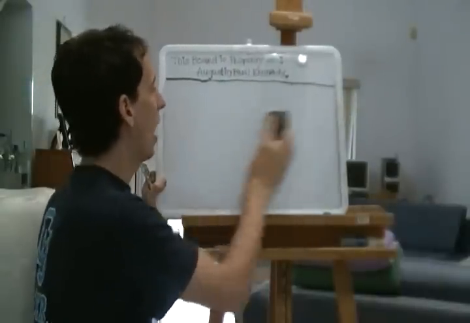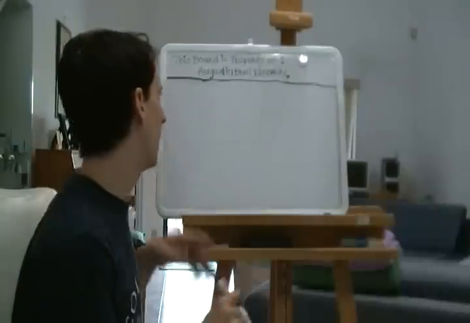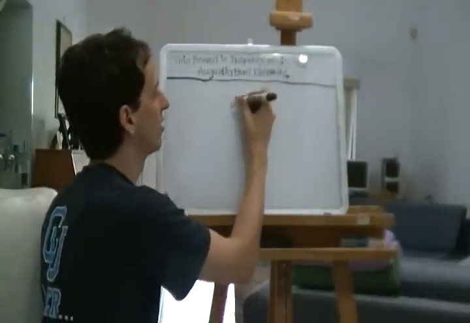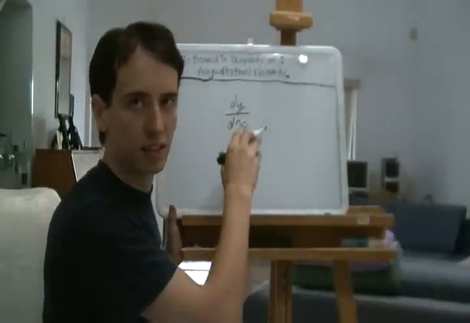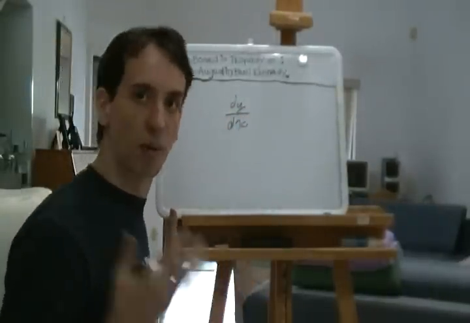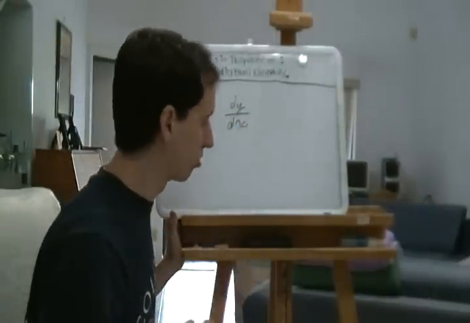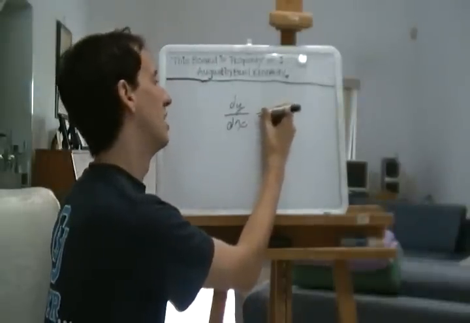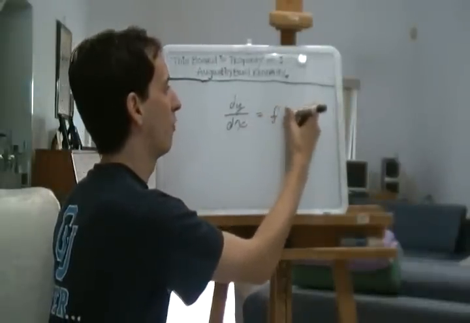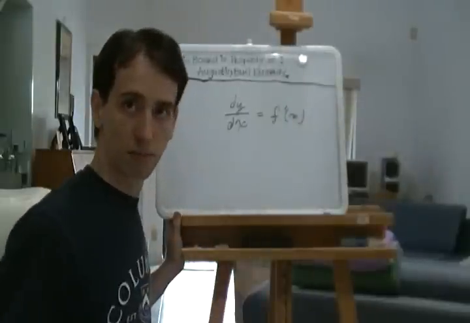Now, the idea behind a differential is fairly simple. A while back, I brought up the idea of a differential by saying that you couldn't necessarily treat a dy and a dx like a quotient. But here, in the idea of differentials, you absolutely can. You remember dy dx is the same thing as saying f prime x, right?